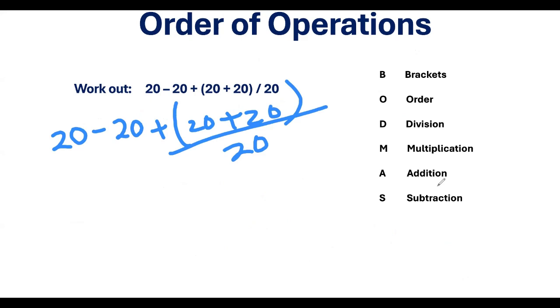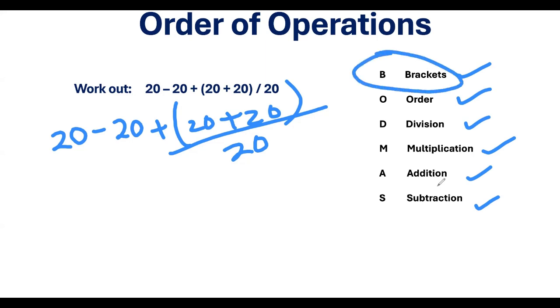This is the question for order of operations, but you have to solve it by BODMAS rule. B stands for bracket, O for order, D for division, M for multiplication, A for addition, and S for subtraction. Right? You have to solve like this and keep the order.